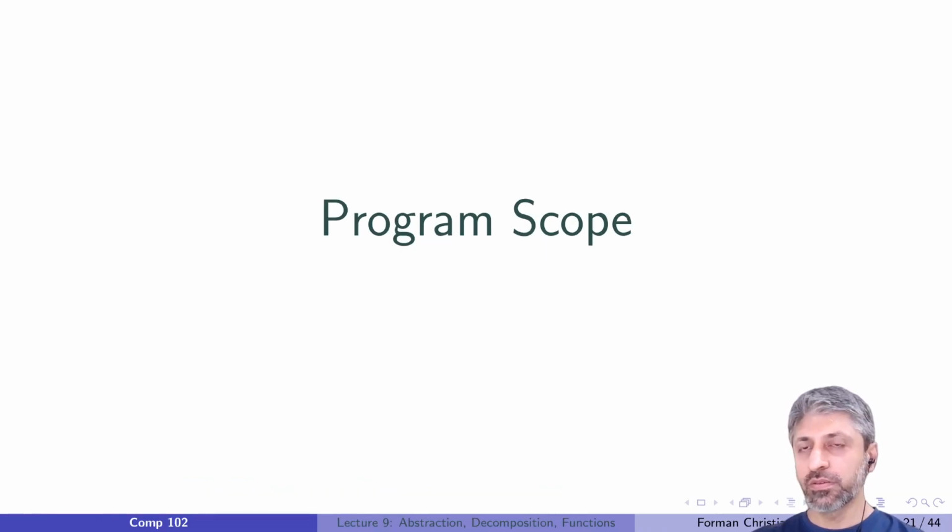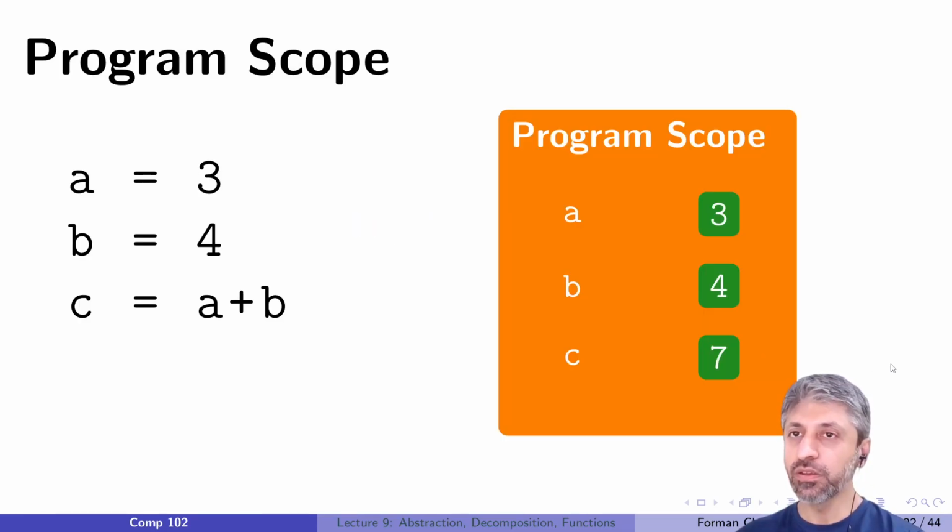Scope essentially means the lifetime of an object or a variable. For example, if you create a variable a and put the value 3 in it, and then you create a variable b with the value 4, and then see the result of this expression, a plus b. So what's the lifetime of a, b, and c?